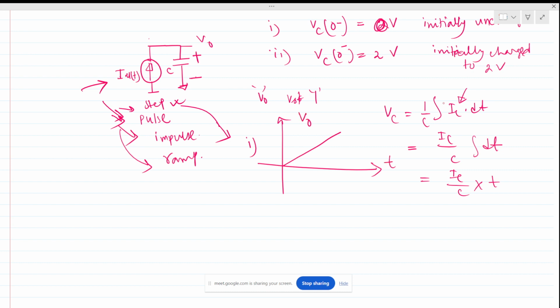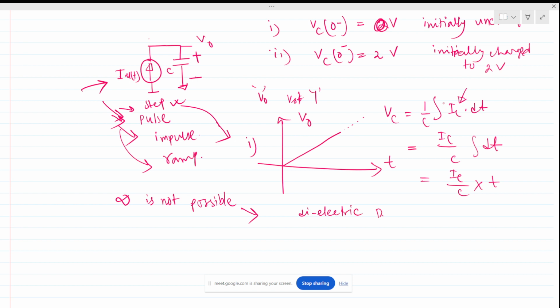Now the question is how much the capacitor can charge. Will it go to infinity or not? Infinity is not possible. So the capacitor will charge up to its dielectric breakdown.